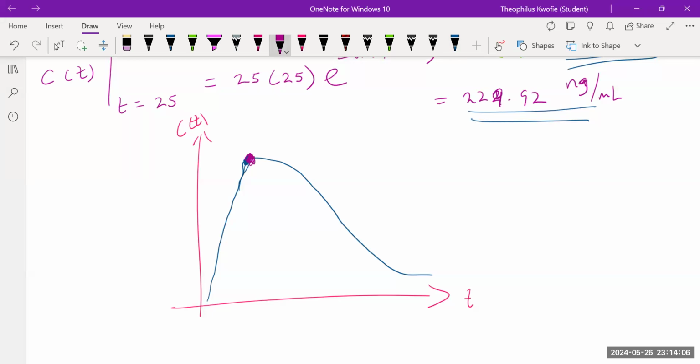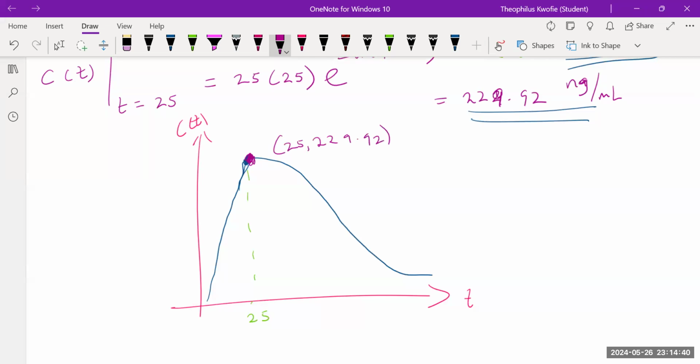So the peak concentration just means that at time 25, we're going to have 25 here, and then 229.92.